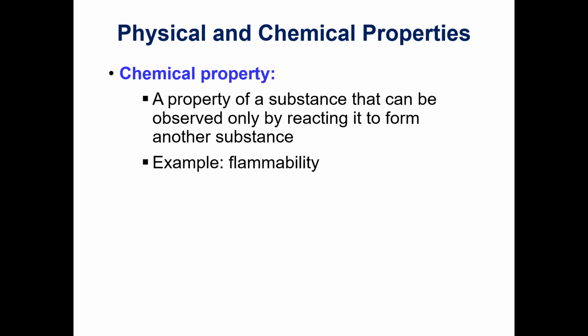Another example would be oxidation. To determine how easily we can oxidize something, we would have to react it with oxygen, which means that we're going to get an oxide of that compound. So if you have to react your substance and form something else, it's a chemical property.